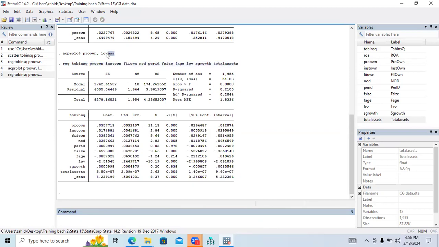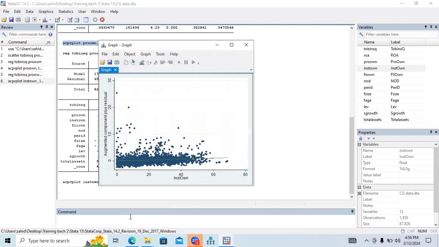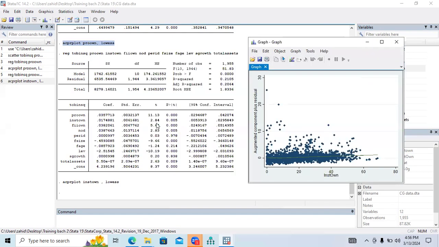Now, as a second step, I need to put the ACPR plot command and replace this with the second independent variable, which is institutional ownership. And okay, it will generate another one. So this is also somewhat linear.